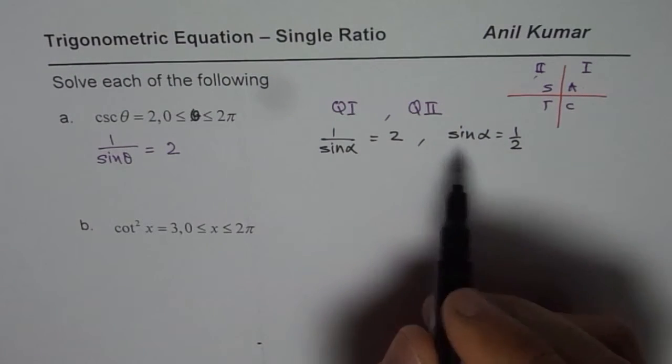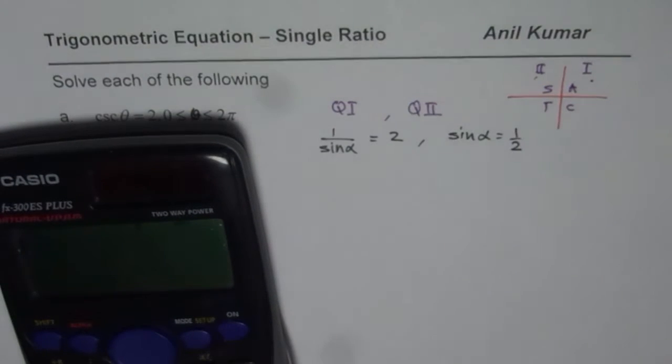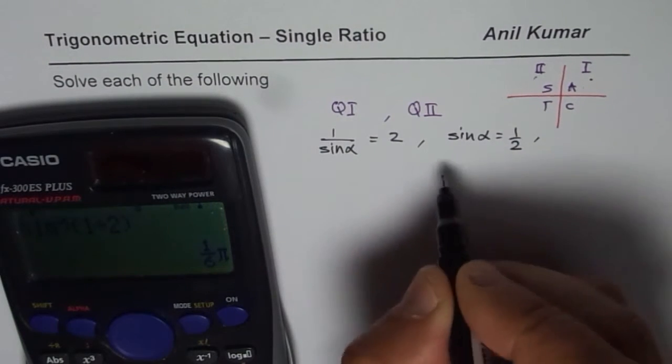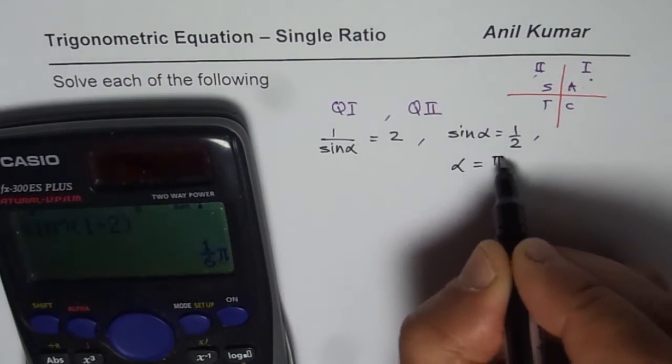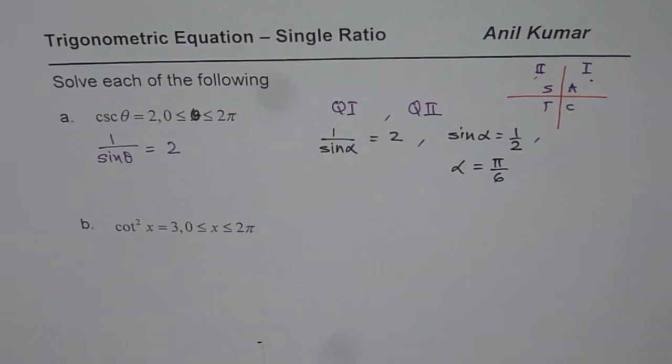Since we want the answer in quadrant 1, the acute angle will always result in a positive answer, since quadrant 1 is always positive for all trigonometric ratios. So sine inverse, you can use your calculator or special triangles. Anything could be used at this stage. If you use a calculator, we get alpha equals pi by 6, correct?